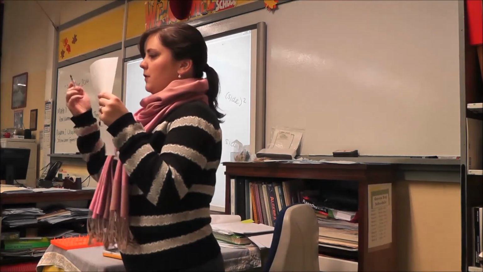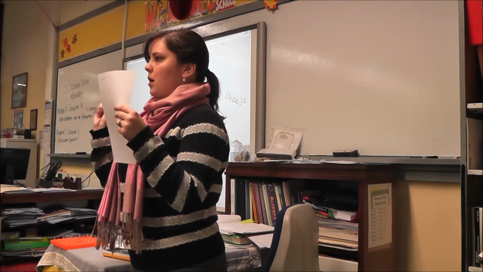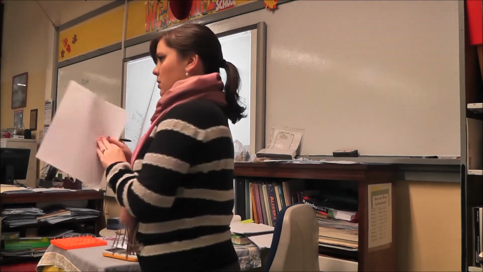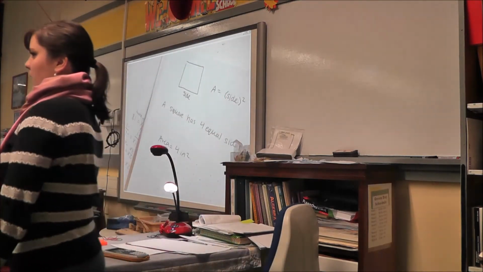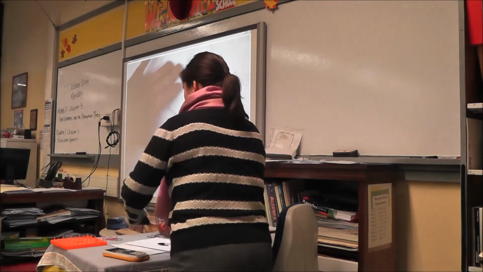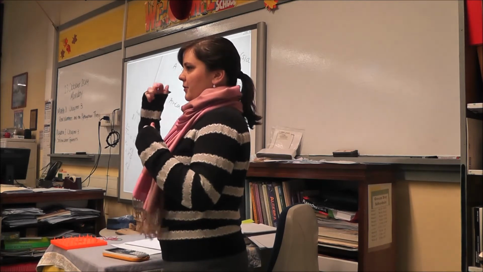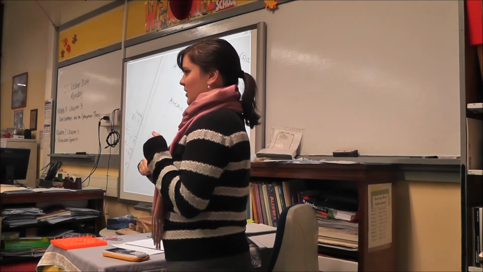Just pretend each of these dots going up and down and across are 1 inch. Then prove to yourself and to me why that square has an area of 4 inches squared. So don't just come up with a square, you have to be able to prove it.